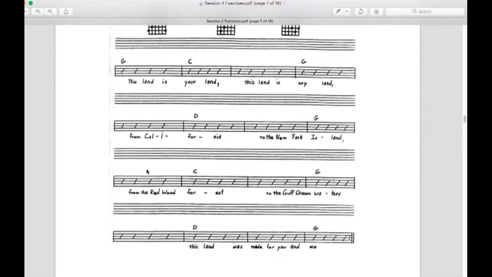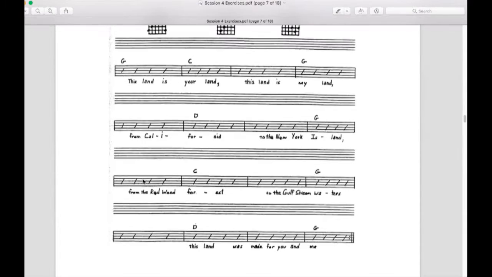And then what do we get? We get another 1, 4, 1 from the redwood forest to the Gulf Stream waters. No words here, but still it's a 1, 5, 1. This land was made for you and me.